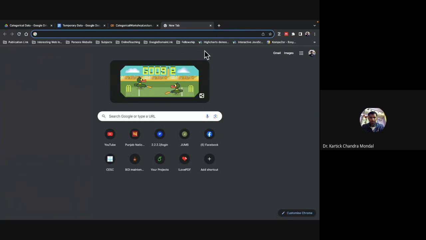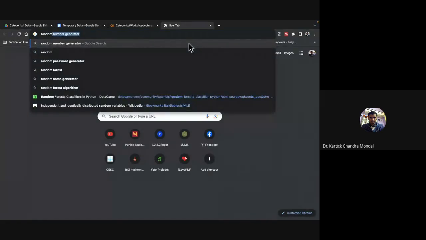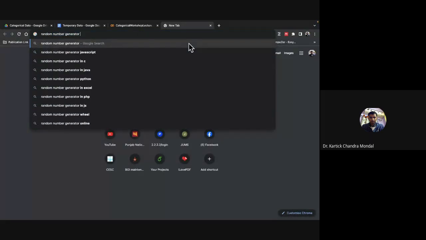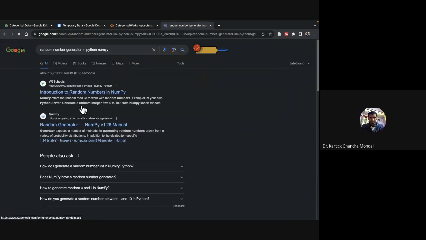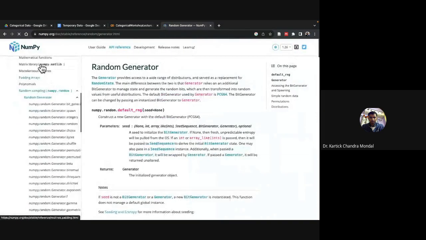So if you search for random number generator in Python, then see here you have Python NumPy. If you go with this, the NumPy library is here, the official website of NumPy, and there you have random generators, numpy.random, which I have not used here. I have used the normal random values.